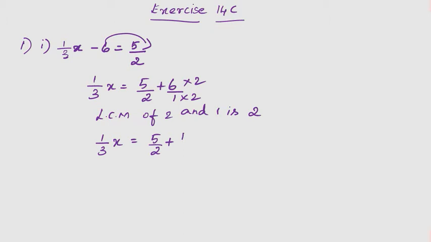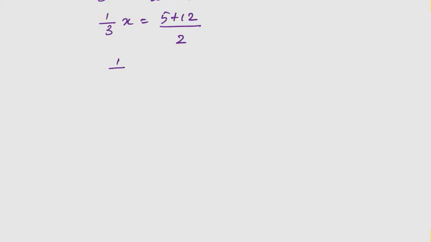So 6 multiplied by 2 will get 12 divided by 2. So 1 by 3x is equal to 5 plus 12 divided by 2. Since the denominator is same, we can add the numerators. 1 by 3x is equal to 17 divided by 2.